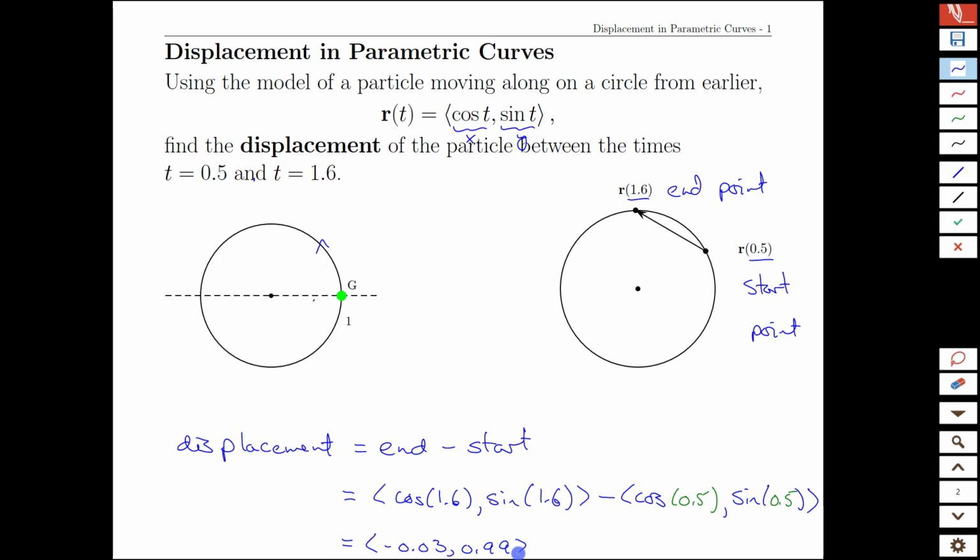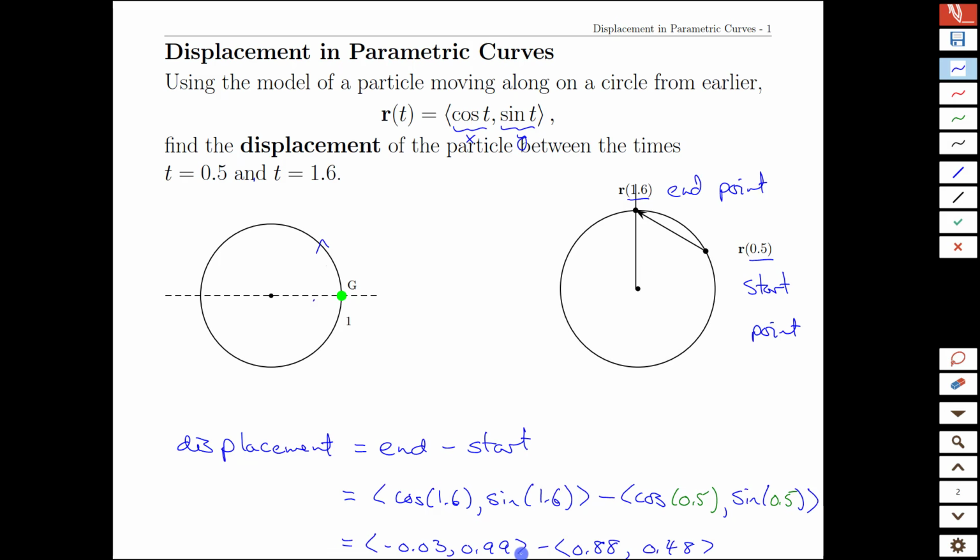And you can see that that corresponds nicely to the point just a bit past vertical for this cos of 1.6 and sine of 1.6, while the cos of 0.5, sine of 0.5 ends up at 0.88 and 0.48.